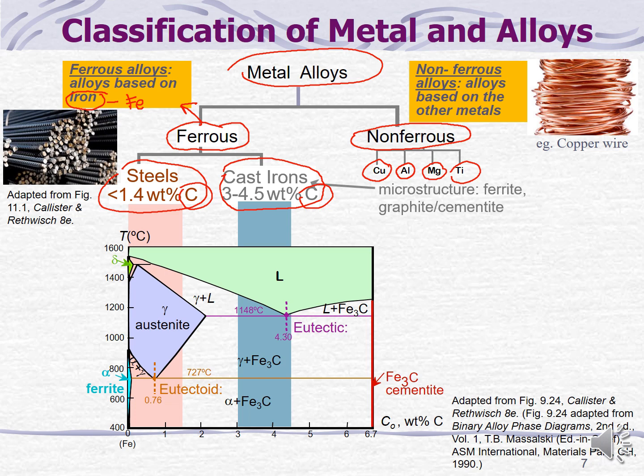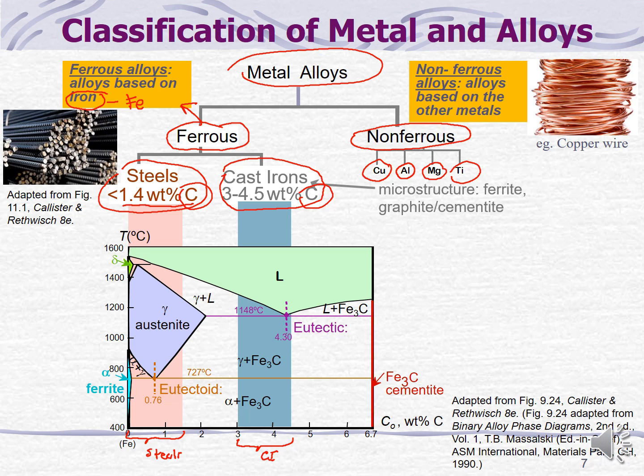For steel, the percent of carbon is less than 1.4% carbon, meaning that this is the region of steel. And for the cast iron, the percent of carbon is in between 3 to 4.5% carbon. So this is cast iron.